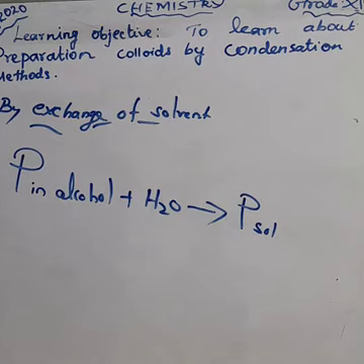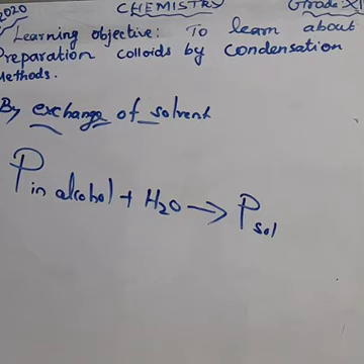What is this about? If a solution of sulfur or phosphorus in alcohol is poured into water, a colloidal solution of sulfur or phosphorus is obtained due to the low solubility in water. That's the meaning.